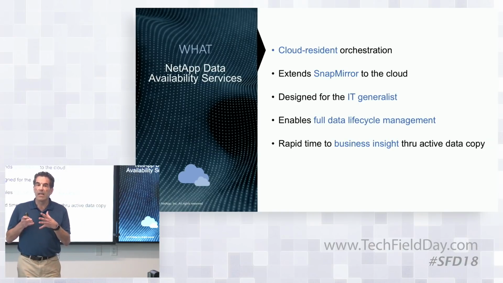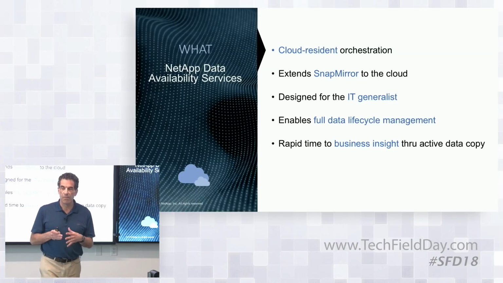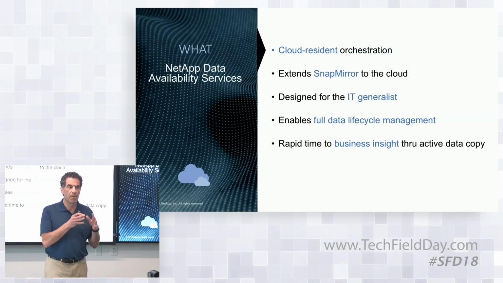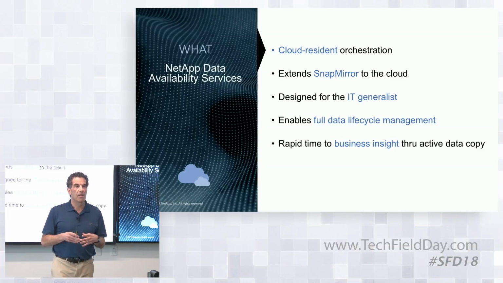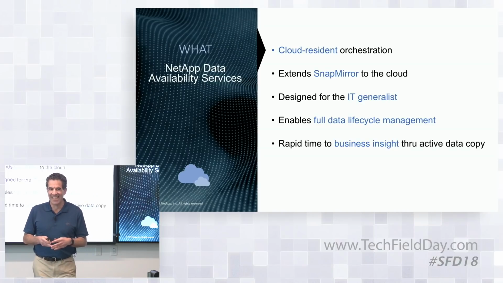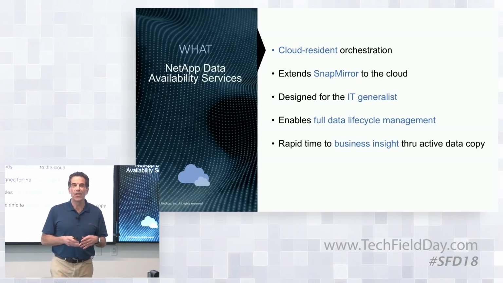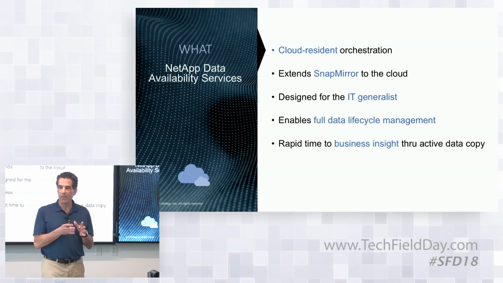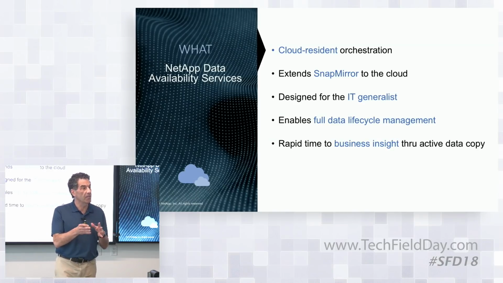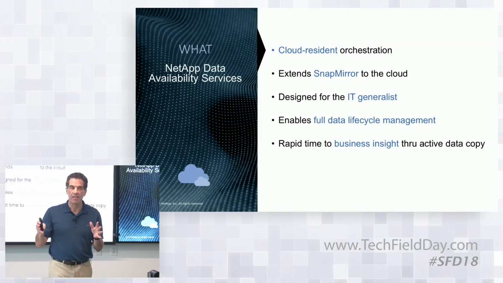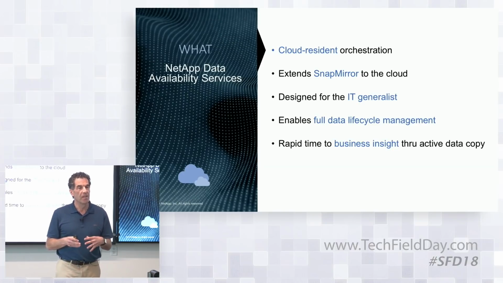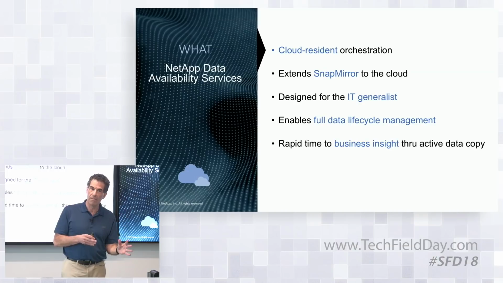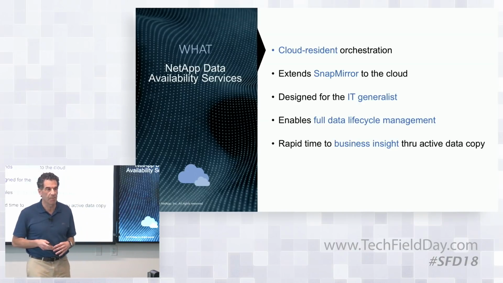In addition, this is a hybrid cloud solution, which means we orchestrate business outcomes both on-premise, in the cloud, and a combination of the both. So we leverage SnapMirror, which is a replication engine that moves data around on-prem, and we've extended it to the hybrid cloud to enable our customers to be able to have workflows that work on both on-premise and in the hybrid cloud, and we'll show you more about that in a moment.